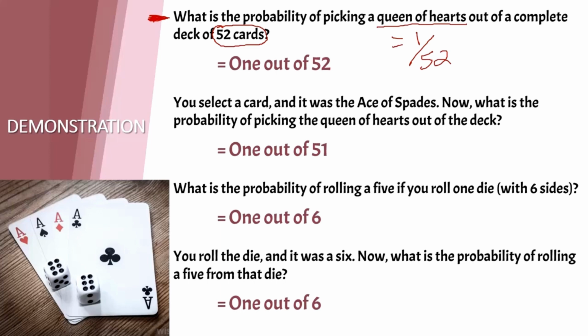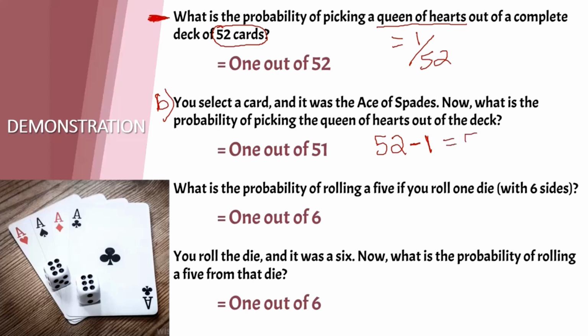So then on the second point, this is B, you select a card, but it wasn't the queen of hearts, it was the ace of spades, and you set that down. Now, what is the probability of picking a queen of hearts out of the deck? Well, you've taken the 52 card deck and you selected one card out of it already. It was the ace of spades.